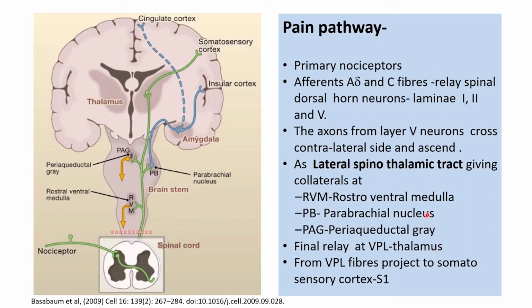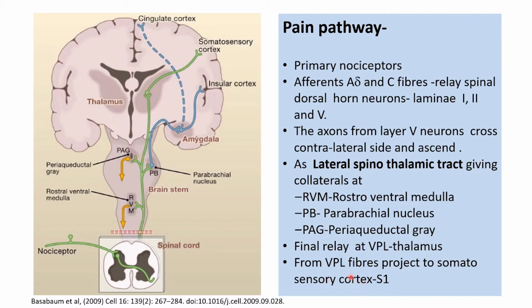On the way to thalamus, they relay in the rostroventral part of the medulla, which gives the collateral there, and they relay in the parabrachial nucleus in the ponto-midbrain junction, and also relay in the periaqueductal gray.